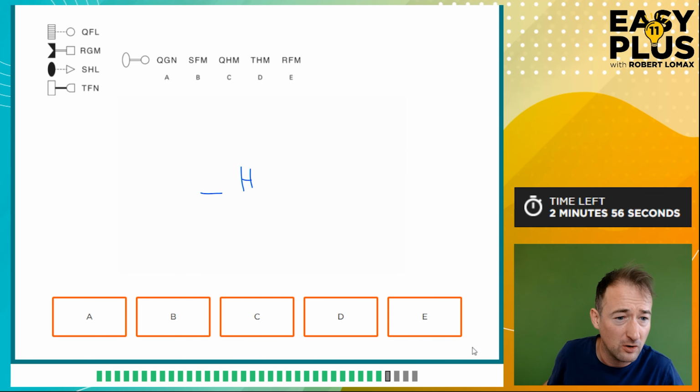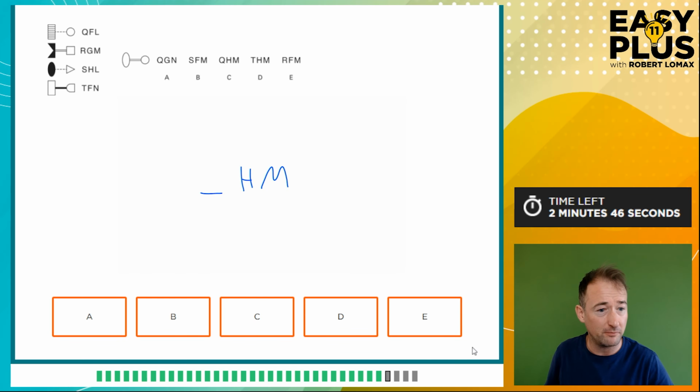What have they got in common? First and third have got the dotted line in the middle. Here we've got a double line in the middle, so that's the second one. So the last letter is going to be M. Something H, M, that can be C or D.